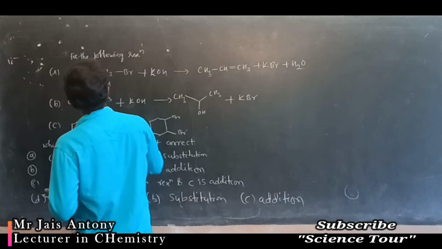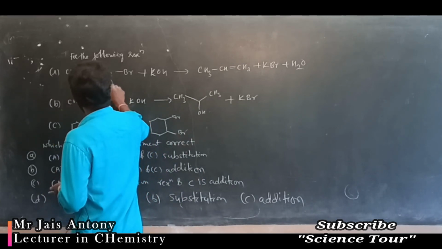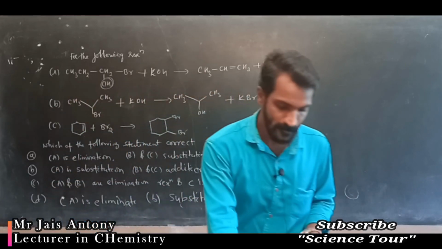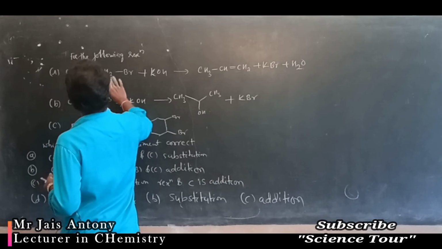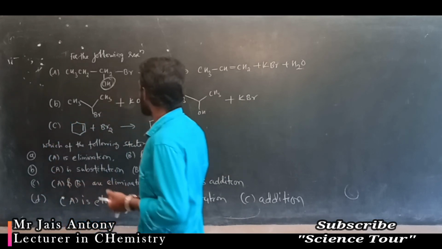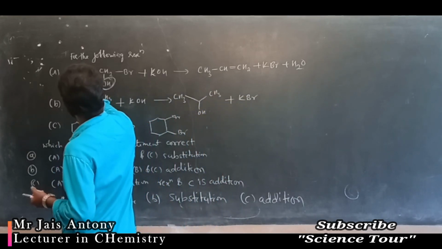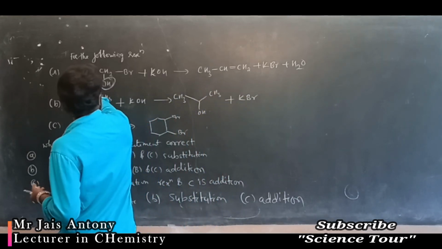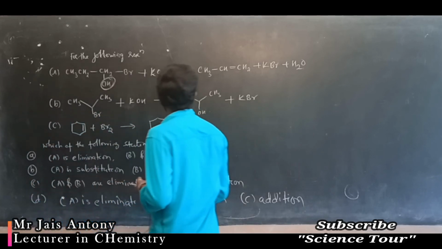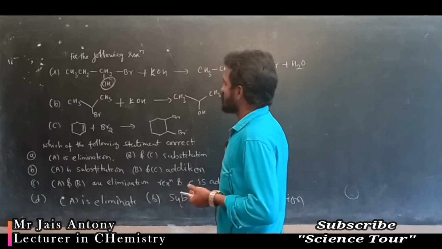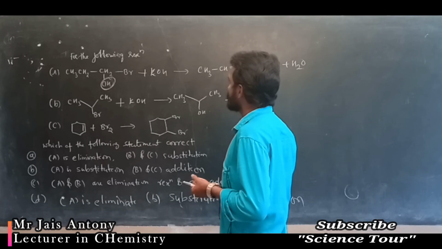Here you look at this reaction. OH is removed from here, and also one hydrogen is removed from this. Bromide is removed. Okay. Which reaction is this one? This is the same as what we discussed earlier.